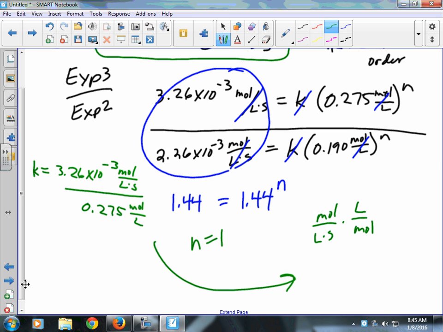That leaves 1 over second, which can be written as, that's how you're going to see it on the AP problems, second to the negative first power. Okay, so let's punch this in the calculator and get a number to go with that unit.